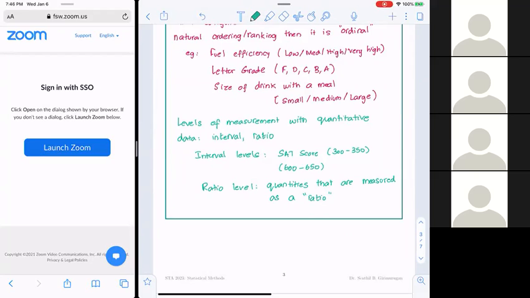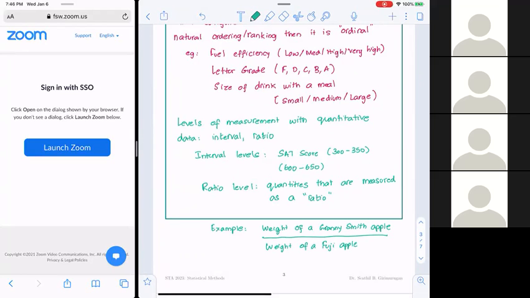A good example, let's say someone conducts a study and they want to assess the ratio of the weight of a Granny Smith apple to the weight of a Fuji apple.